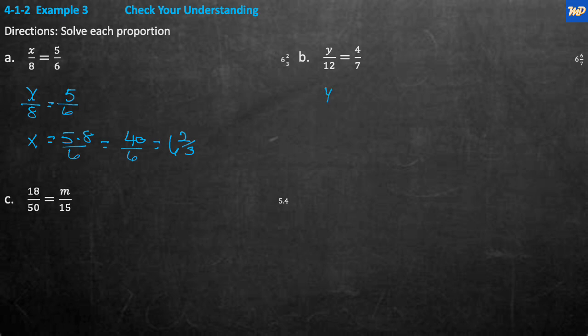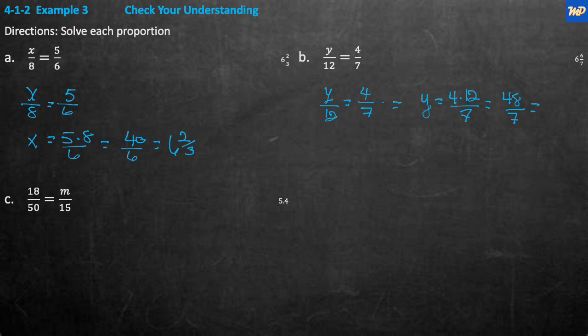Here we have y is to 12 as 4 is to 7. We're going to multiply both sides by 12 to put the y by itself. So y is equal to 4 times 12 divided by 7, and y now equals 48 divided by 7.